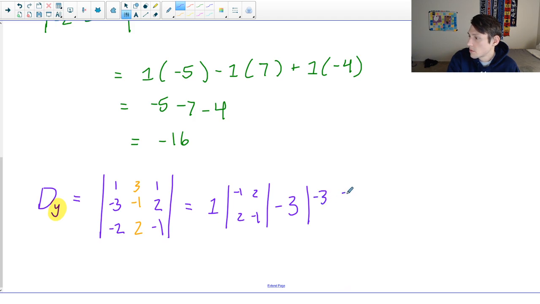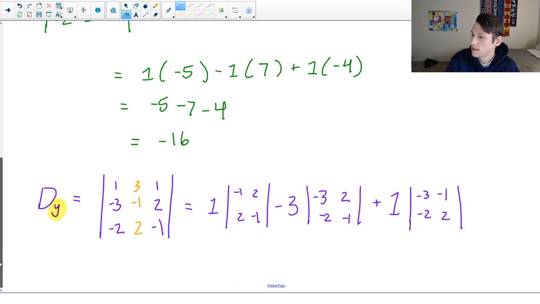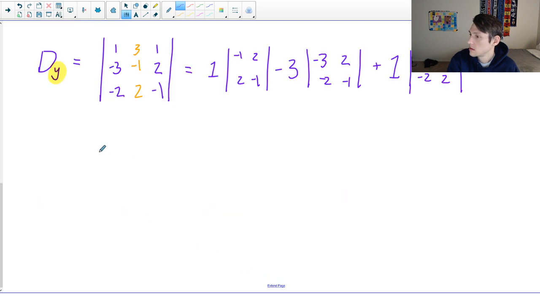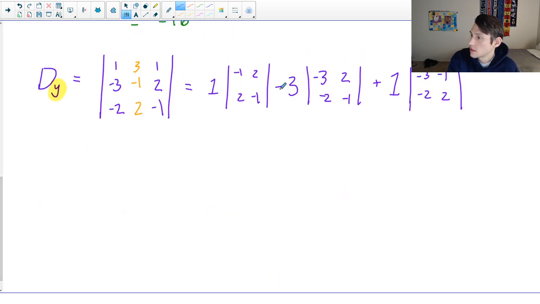So going through our same process of these numbers across the top, get rid of that row, that column. There should be 4 numbers left in each case. Again, notice that this is a -3, even though this number up top here is a +3, right?